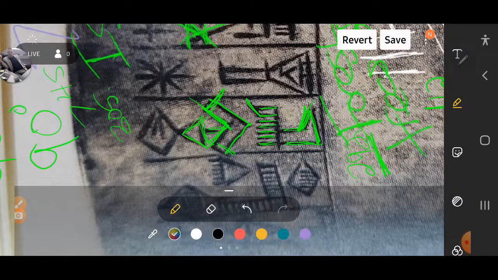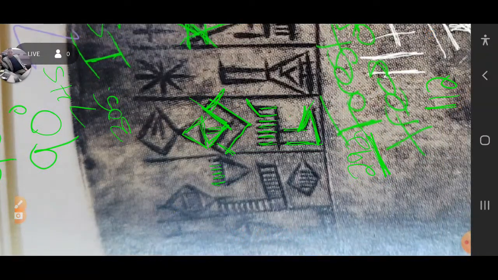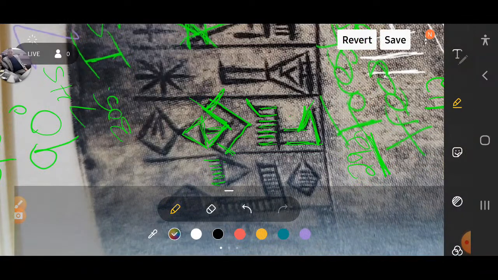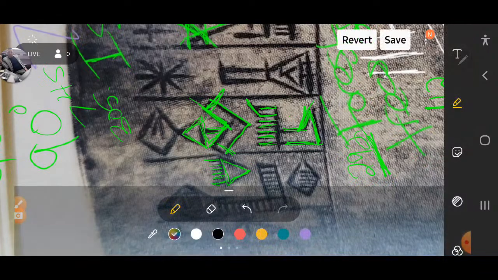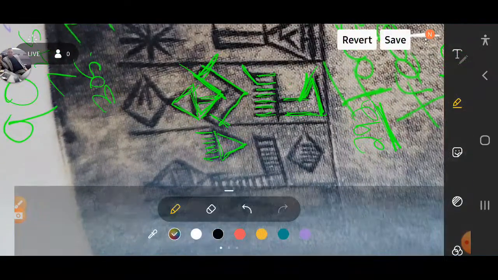Then you get over here. 1, 2, 3, 4, 5, 6. Upside down triangle. Pyramid. So what does that mean? Not really there yet with that one. But we're saying 6 lines.